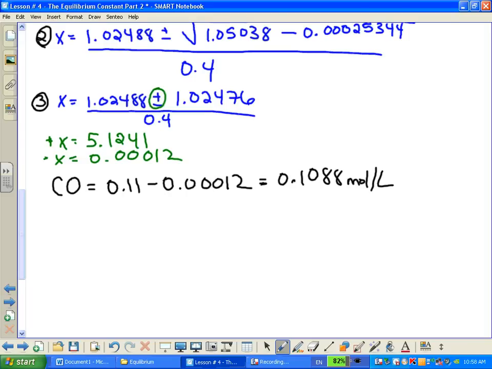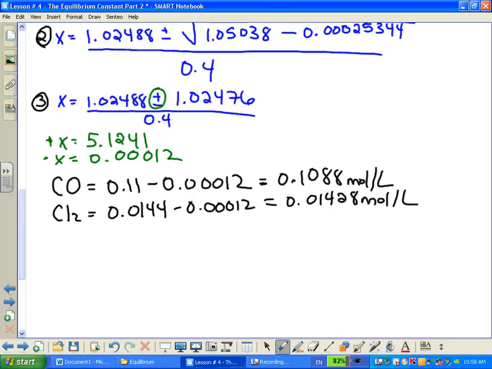We're going to do the same thing for our chlorine. So chlorine we had 0.0144 to start with. We know that our change was 0.00012. So if we subtract those two, we end up with 0.01428 moles per liter.